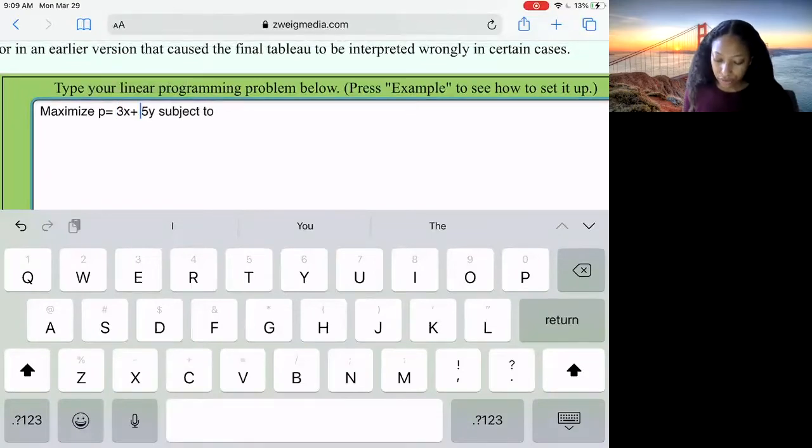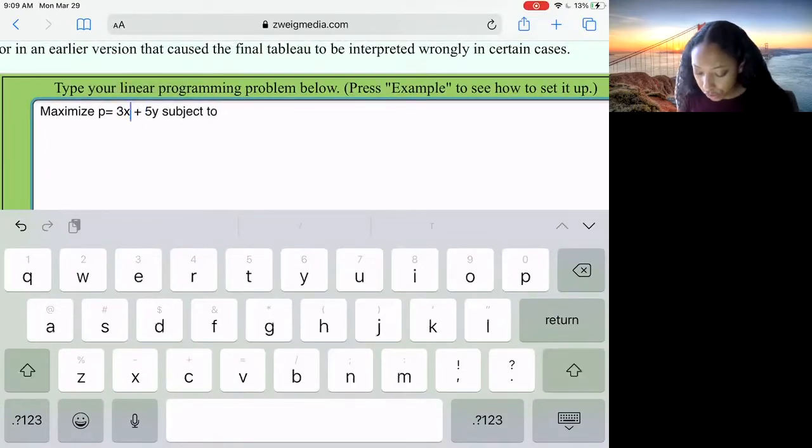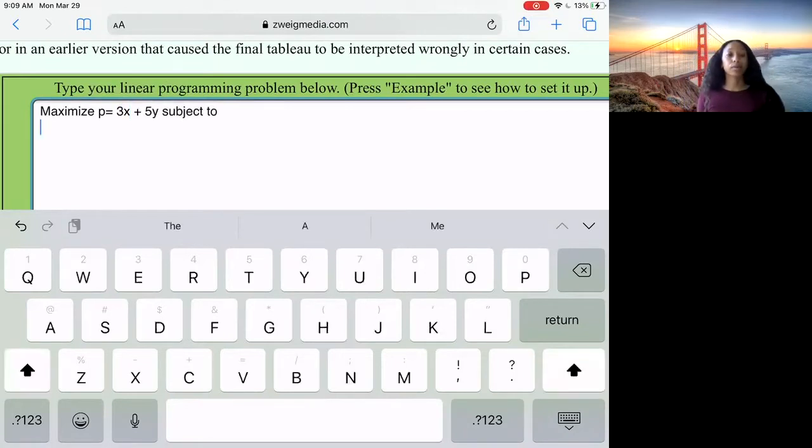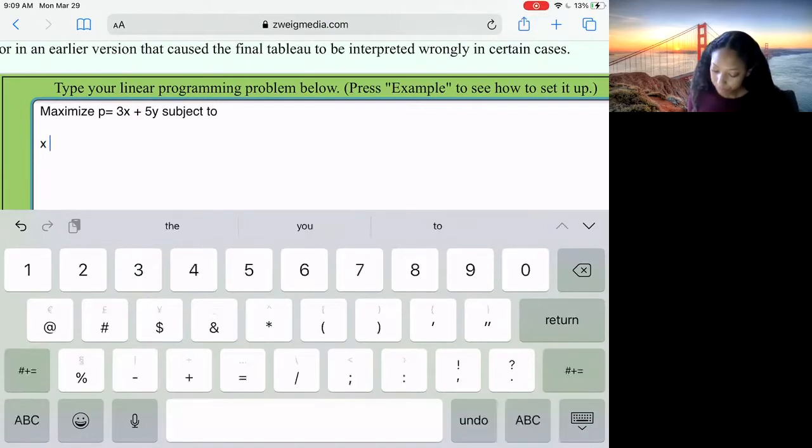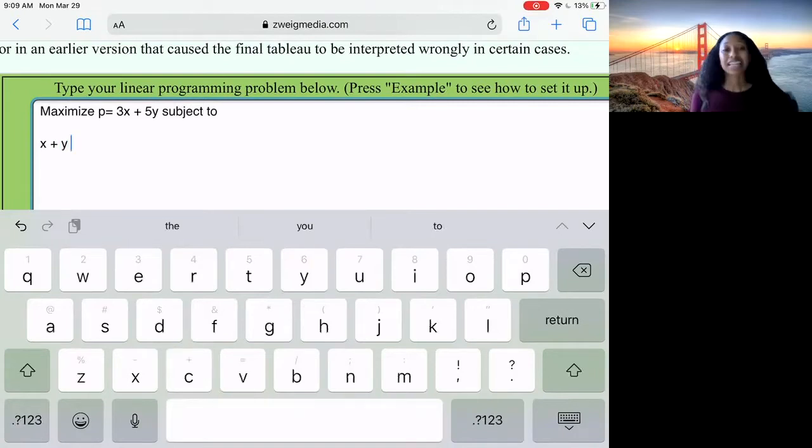You do not have to put these spaces in. I'm just doing it so that we can see it a little bit more clearly while we're typing. All right, the first one was x plus y was less than or equal to 120.